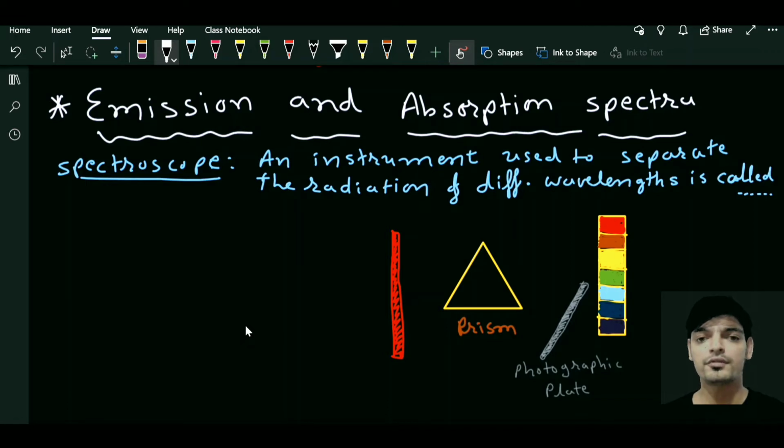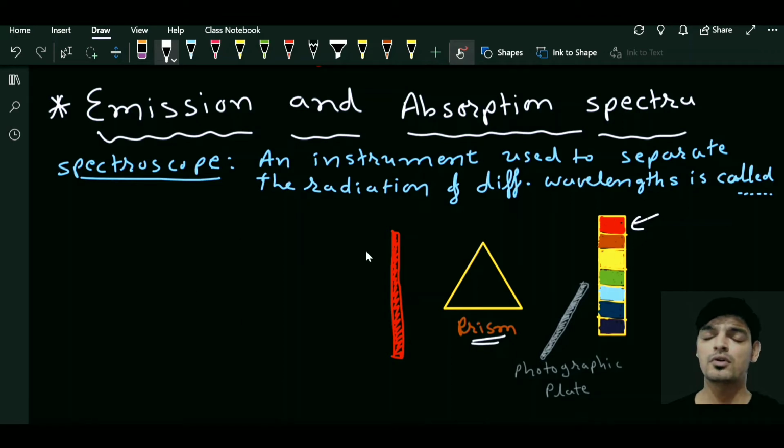If you replace the telescope with a photographic film, then we get a spectrograph. Spectrograph like this, see here. This kind of band we are getting is known as a spectrograph. So the instrument consists mainly of two things: a prism, and on the other side a telescope.